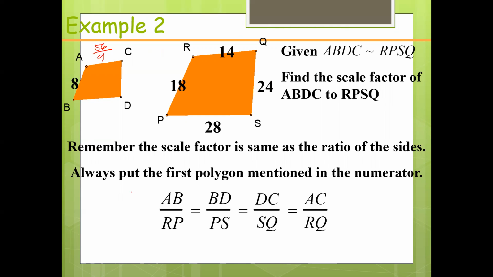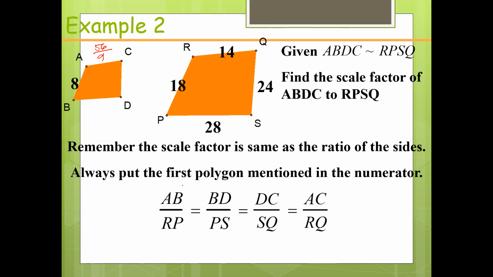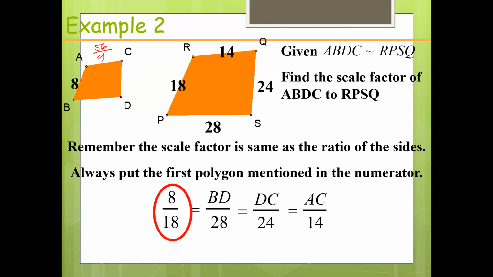So AB over RP. All of these are on top: AB, BD, DC, AC, and the second polygon is below. Let's put their corresponding lengths. Just substitute the given ones. So 18 over 8. You can reduce that.